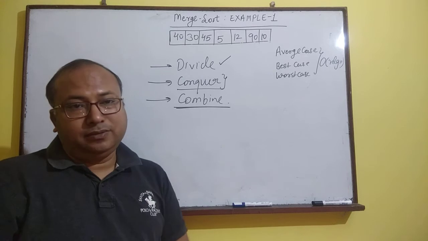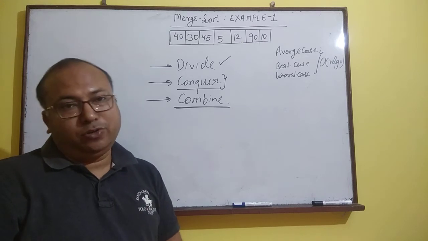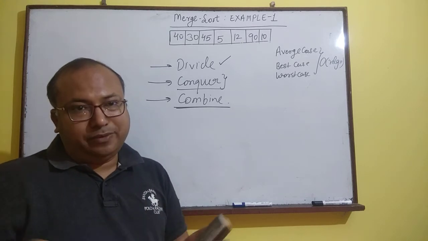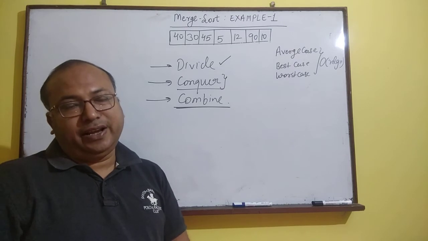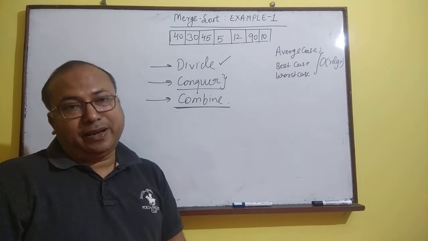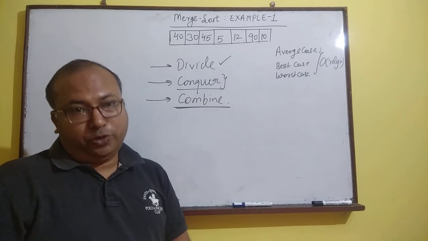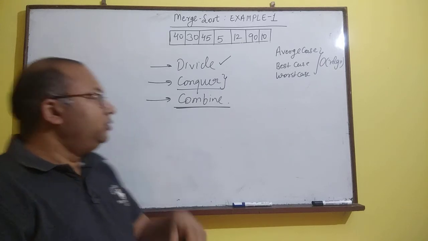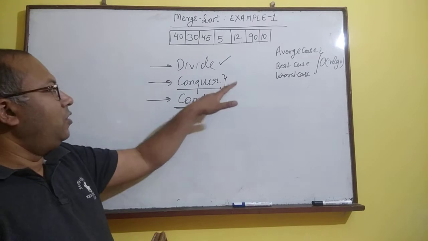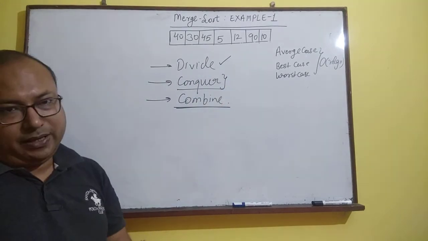In combine, all single elements after dividing our array, we will combine them in a way that we get the sorted output. So first we will divide, then conquer, and in the last we will combine them.